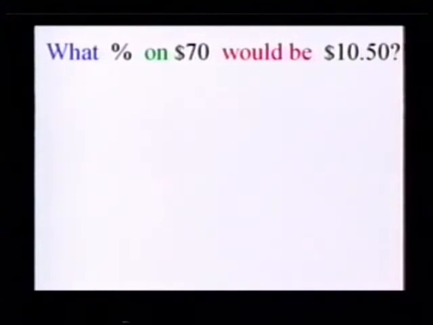Here's another one, a little bit different. Now we're asking what percentage on $70 would be $10.50? If somebody says you get $10.50 off, you may want to know, geez, what percent did I get off? How could we figure that out? Well, what? That's any letter, right?